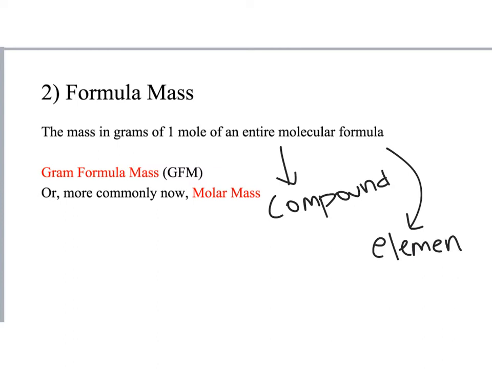So you could have the molecular formula for an element, and that would be its atomic mass. And now we're going to get to that in just a second. The gram formula mass, sometimes referred to as the GFM, though you won't see this very frequently, because more often than not you're going to see this thing, molar mass. Molar mass is what you're going to see most of the time you're doing these particular kinds of problems.